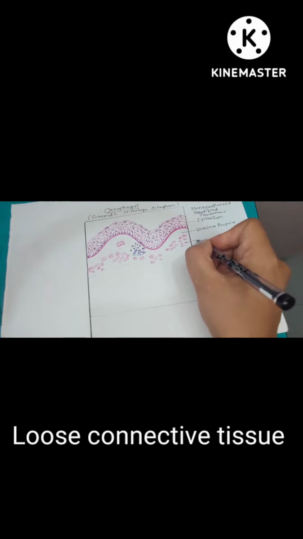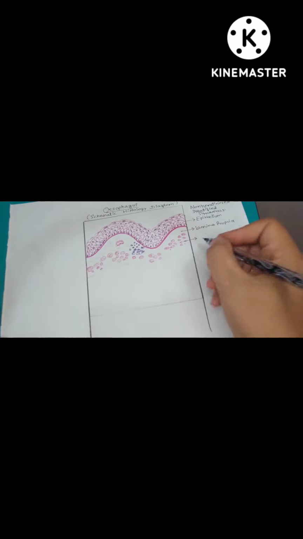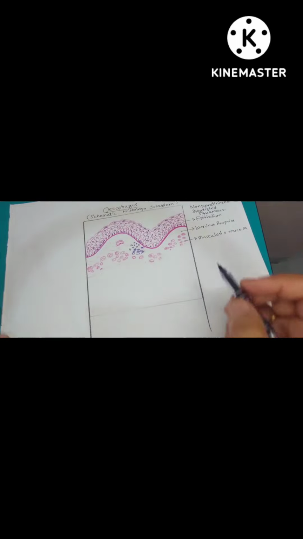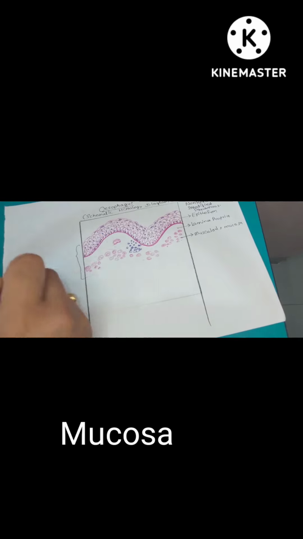The next part of this mucosa, this is the muscularis mucosa, which is muscle layer of the mucosa itself. So these three things, that is epithelium, lamina propria and muscularis mucosa, they together form the mucosa here.